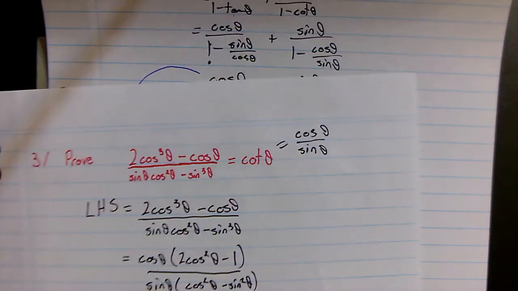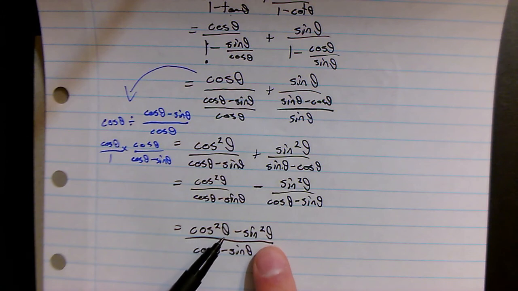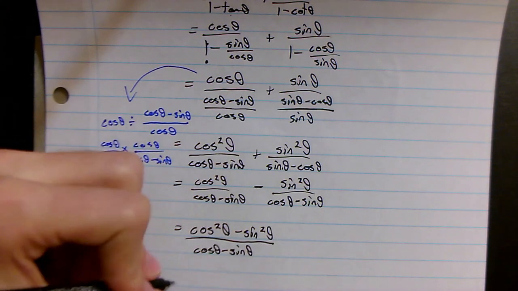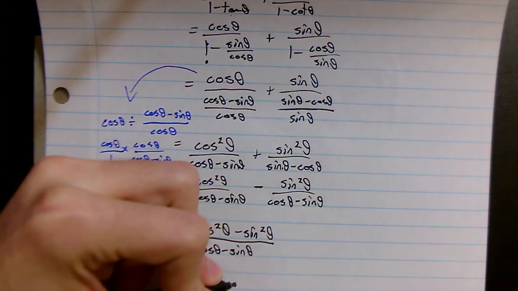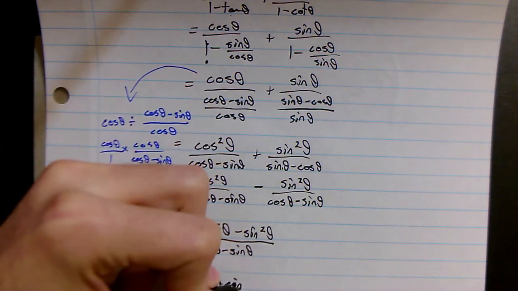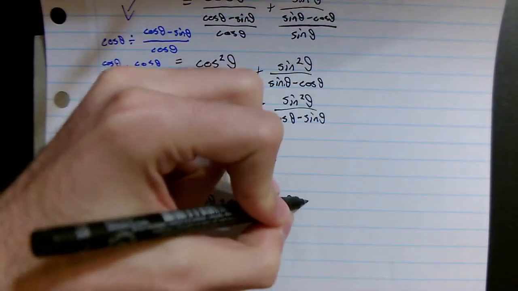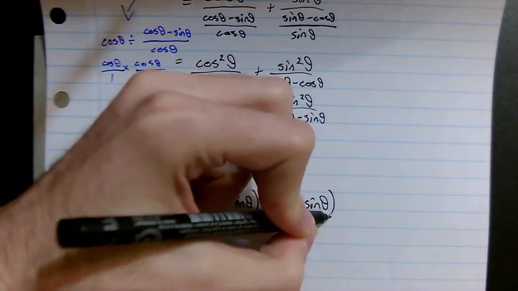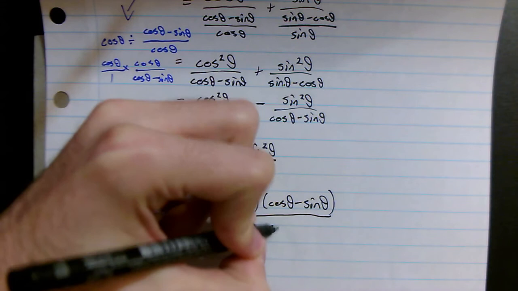But more often than not, if you get something like cos squared theta minus sine squared theta, it's very useful to use the difference of two squares. So this simplifies to cos theta plus sine theta, times cos theta minus sine theta, all over cos theta minus sine theta.